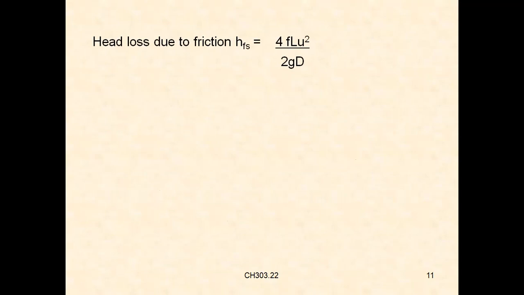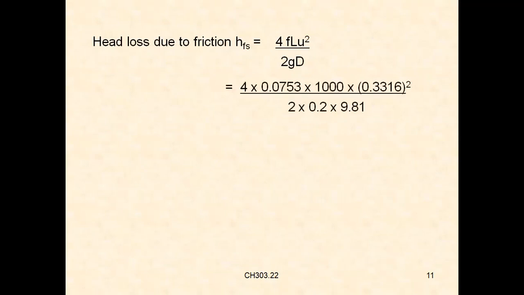The Hagen-Poiseuille equation can be used only for laminar flow. So the head loss due to friction is given by hfs is equal to 4 f L U square by 2 g D. This is the Fanning equation.